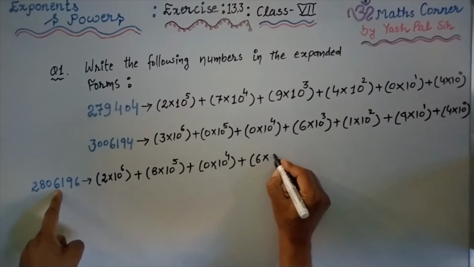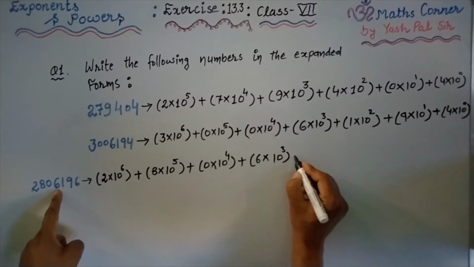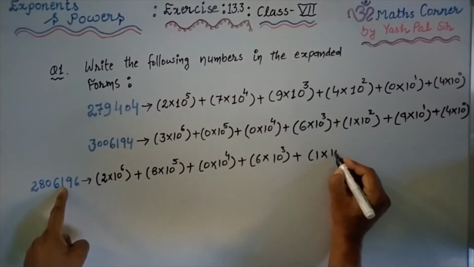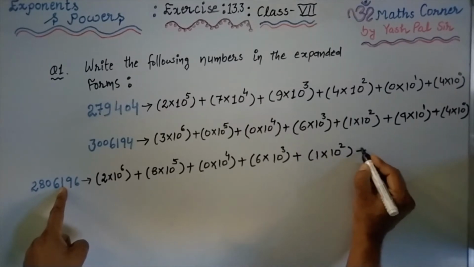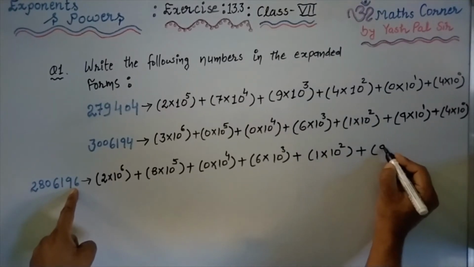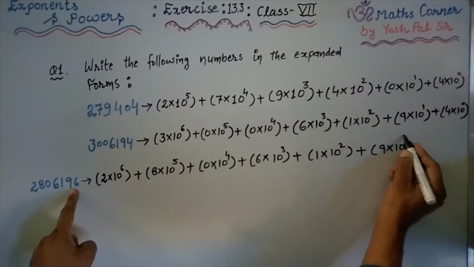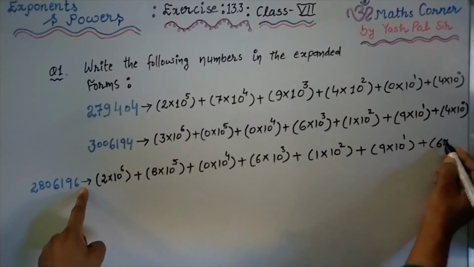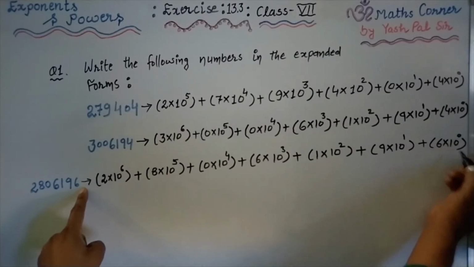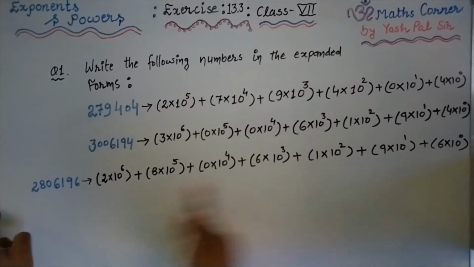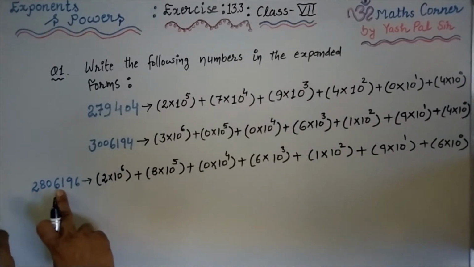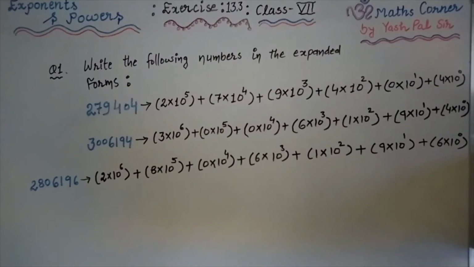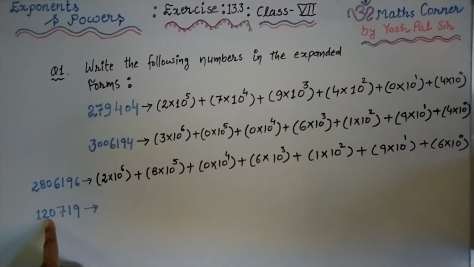Next digit is 6 into 10 raised to power 3 plus next digit is 1 into 10 raised to power 2. Next digit is 9 into 10 raised to power 1. Last digit is 6 into 10 raised to power 0. So this is the expansion of 28 lakhs 6196.